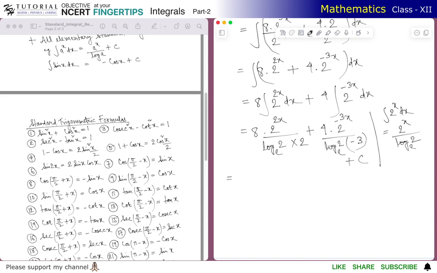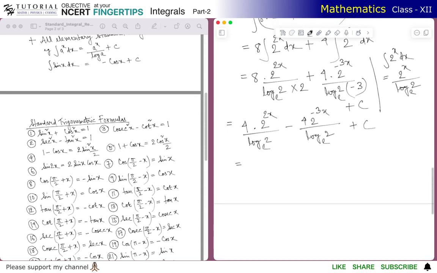So this becomes 4 into 2 to the power 2x divided by log e 2 minus 4 into 2 to the power minus 3x by 3 log e 2 plus c. Now we can do further simplification, though it is not required.